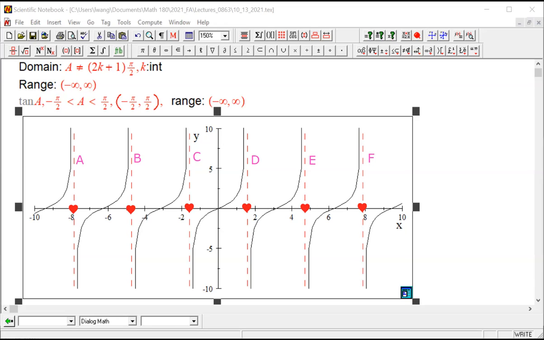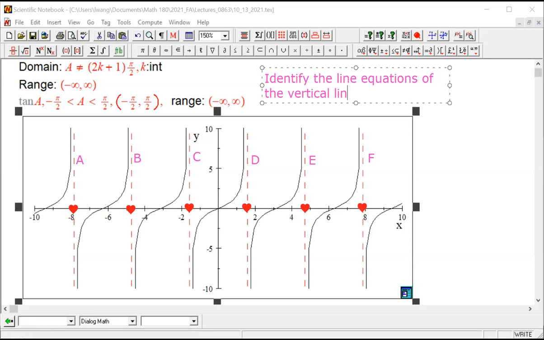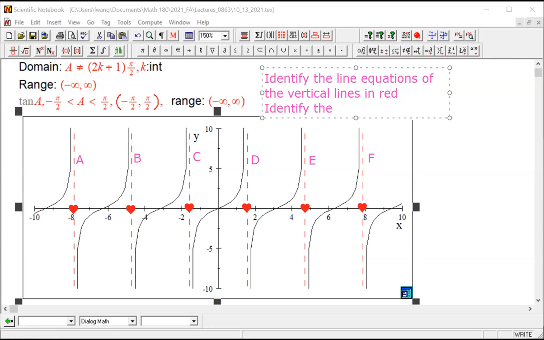Identify the line equations of the vertical lines in red, and also identify the points at the red heart.